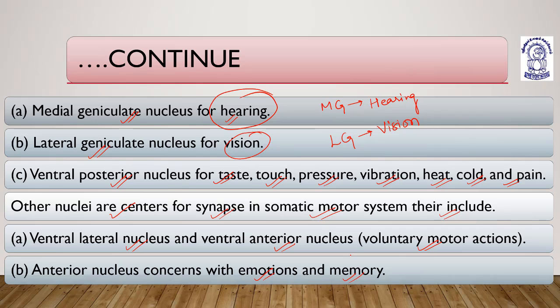The ventral lateral nuclei and ventral anterior nuclei are responsible for voluntary motor actions. Now, the anterior nucleus concerns emotions and memory. Understood? Okay.